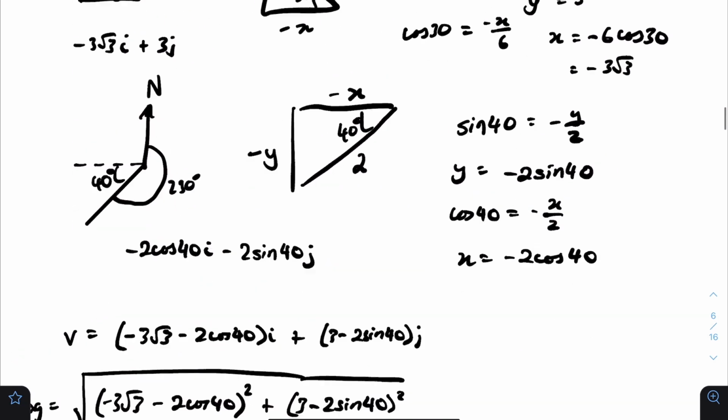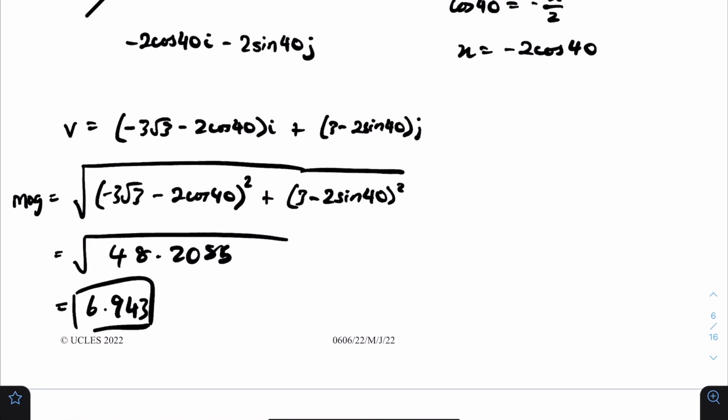Okay, right. So we do know what i and j are, so we can just kind of sketch this out.